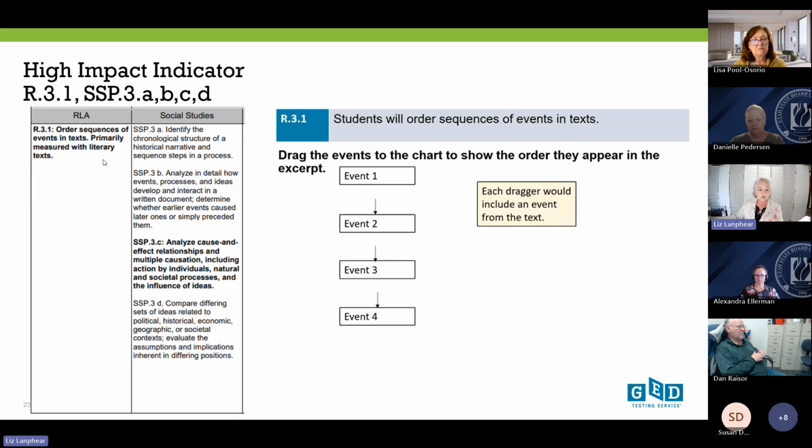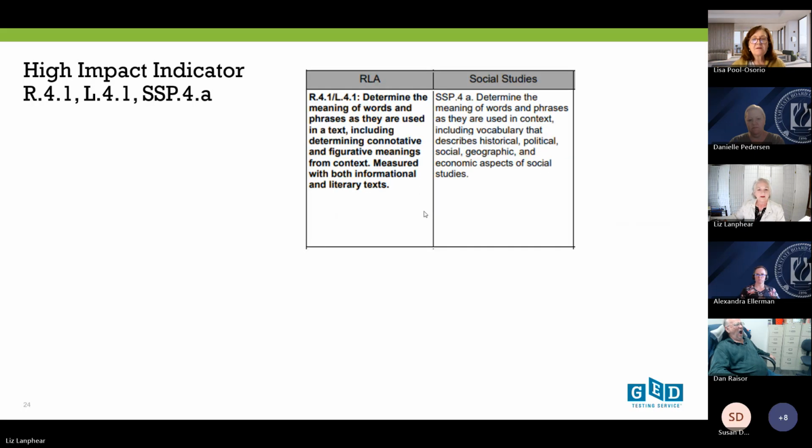So you're doing the same work here. So use passages that are going to be social studies related while you're teaching RLA. And this would be an example of a drag and drop type question. You would have the answers here and you would be dragging and dropping here.